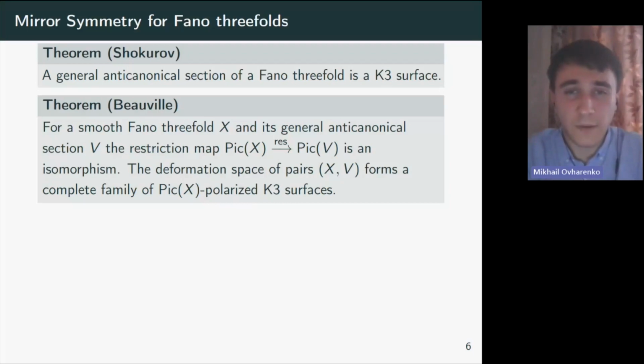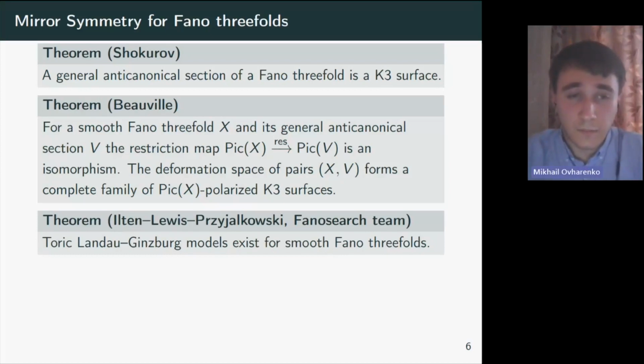And moreover, the deformation space of pairs of a Fano threefold and its anticanonical section forms a complete family of K3 surfaces with lattice polarization by the Picard lattice of the original Fano threefold.